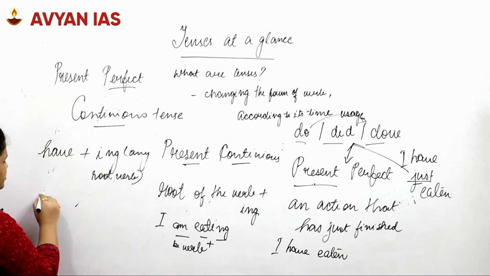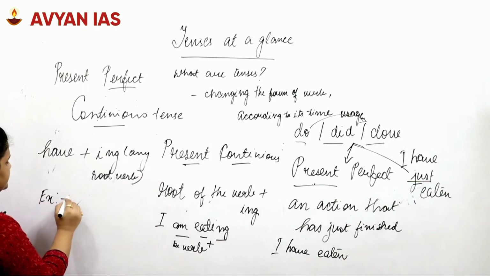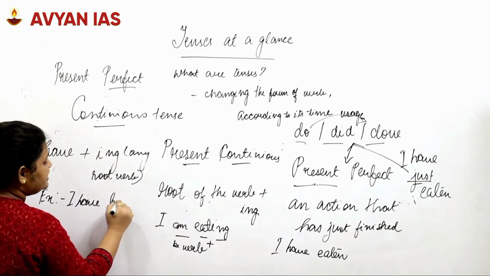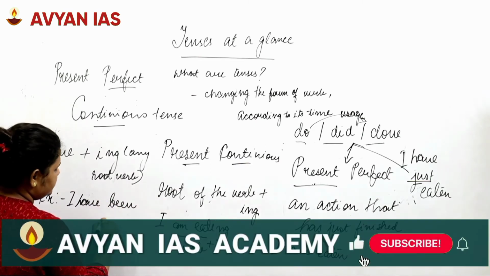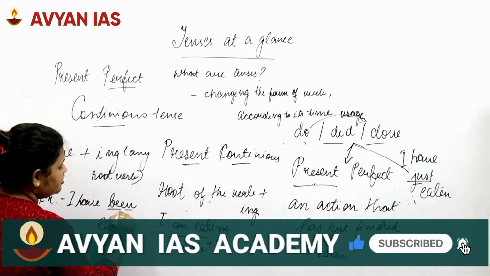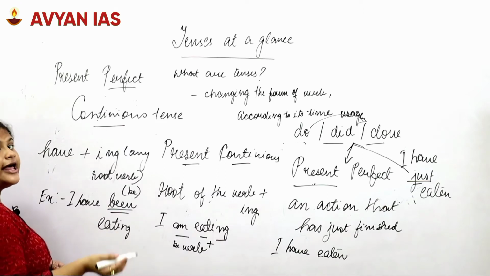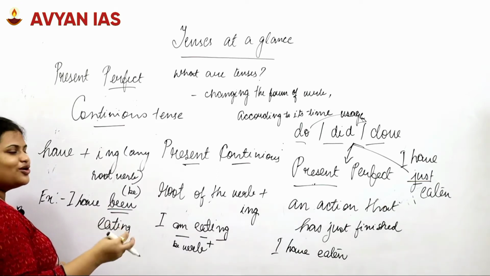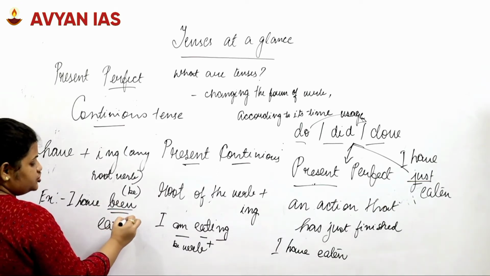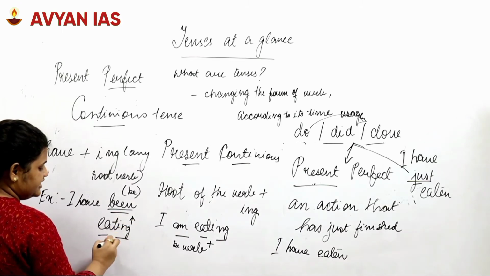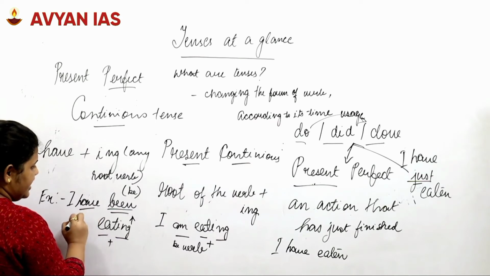For example, a sentence would come as I have been eating. So this is another addition of the be verb. Have, been, am, is, are, these are all considered as be verb, which comes in addition with the root verb and its ing form along with have.